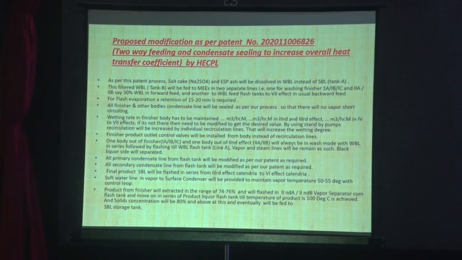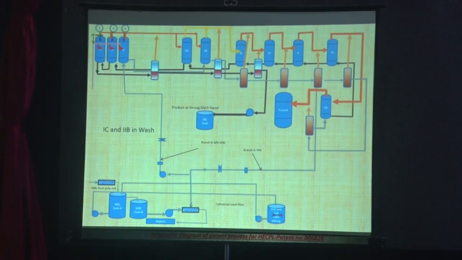So, come to the point. For the example, better I move to the main slide so that you can understand how this process works. WBL comes from the bulk mill and is collected in WBL tank number A. Overflow of this tank comes to WBL tank number B. From the WBL tank, the liquor is bifurcated into two pipelines.